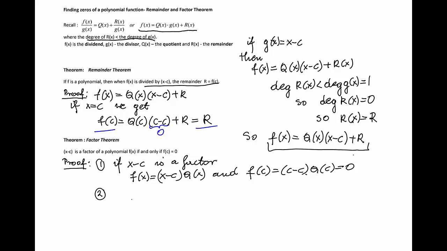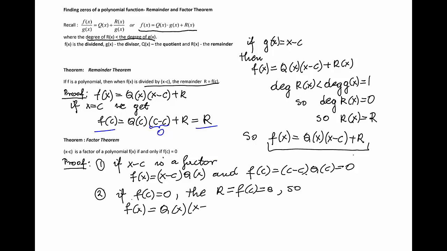Now, if f of c is equal 0, then the remainder when dividing by x minus c is 0, and therefore we can write then f of x is quotient times x minus c plus the remainder.